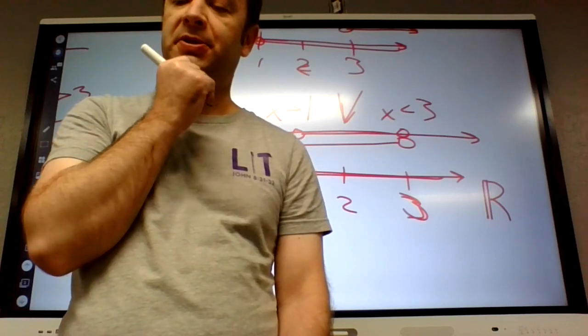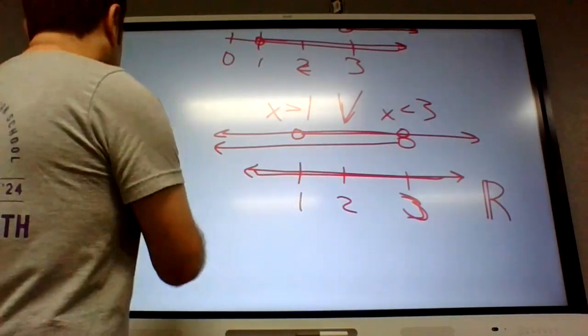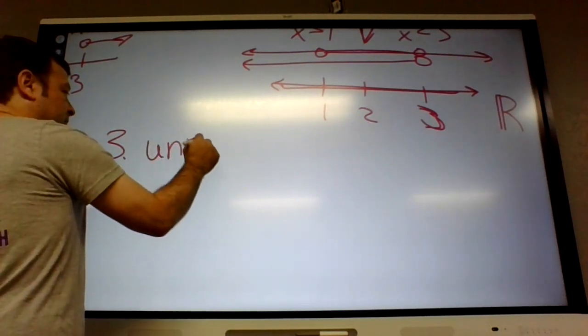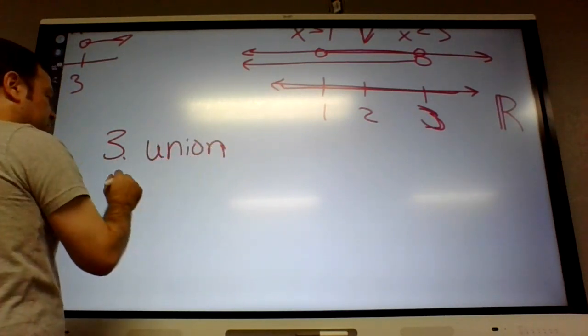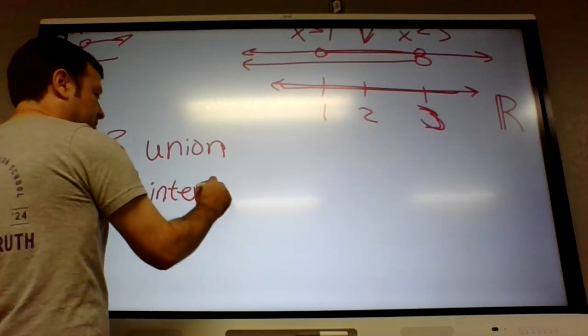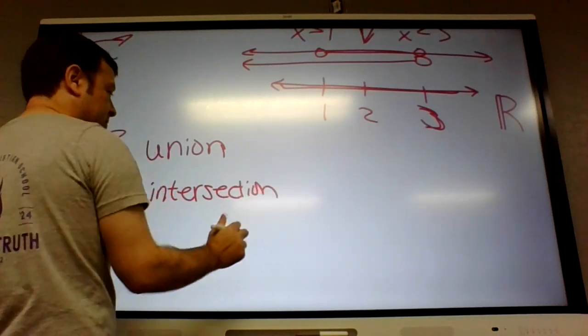Union and intersection for 3 and 4. Here, I'll write it down. The answer on the disjunction, the or statement, is called a union, and the answer on the and statement is called the intersection.